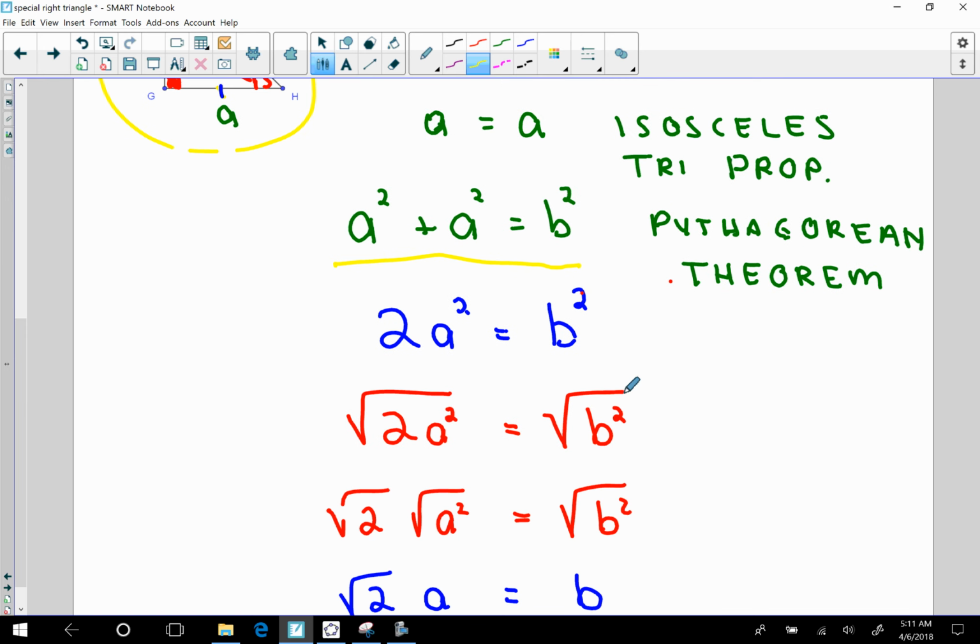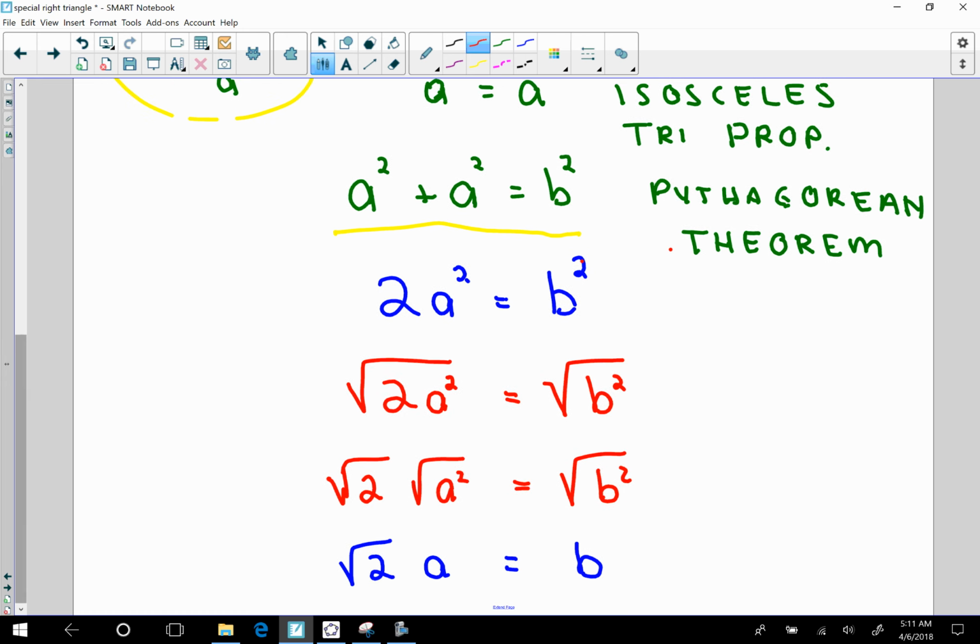And I know the square root property, which we learned in the previous video, is that the square root of 2A squared is going to be the square root of 2 times the square root of A squared. What's the square root of A squared? A. What's the square root of B squared?